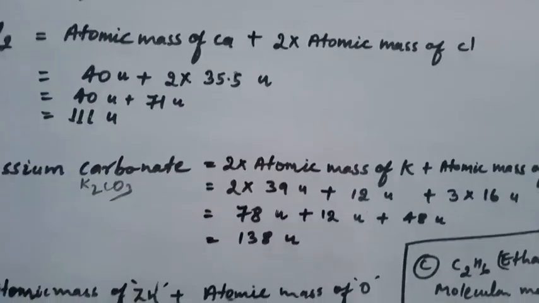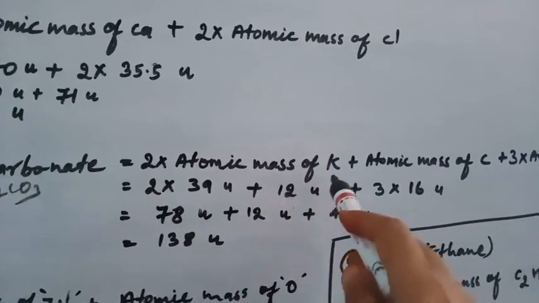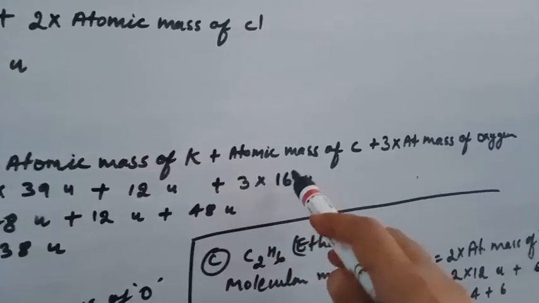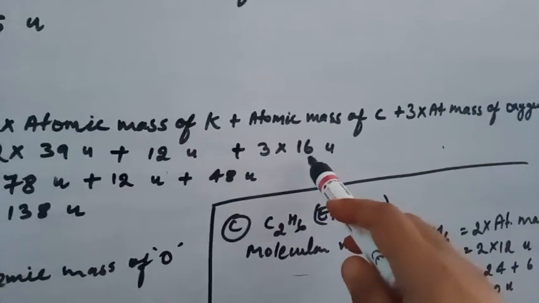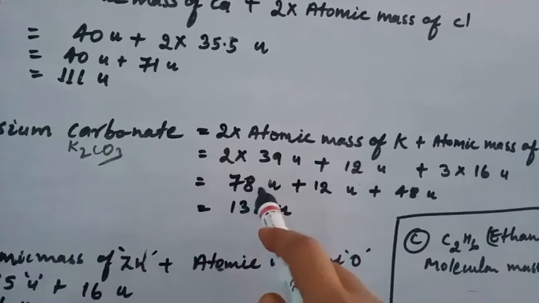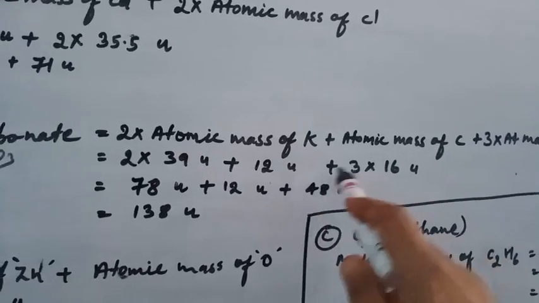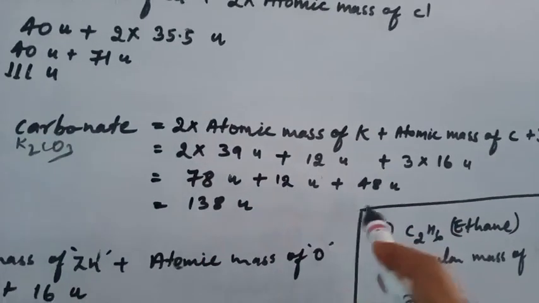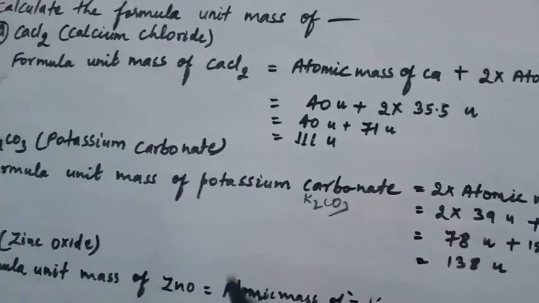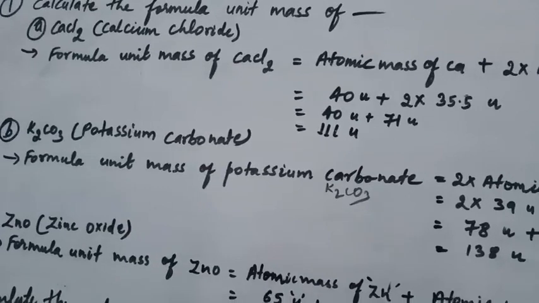So we will get 2 into 39U, that is atomic mass of potassium, plus atomic mass of carbon, 12U, and 3 into atomic mass of oxygen, that is 16U. So when you add up, 39 into 2 is 78U plus 12U plus 16 into 3 is 48U, you will get 138U.